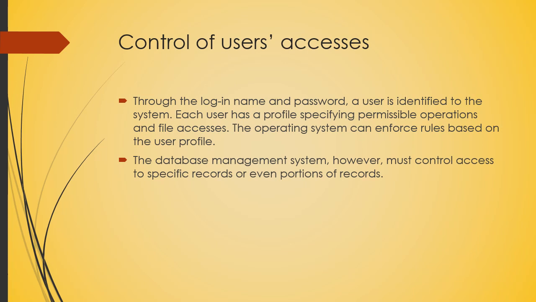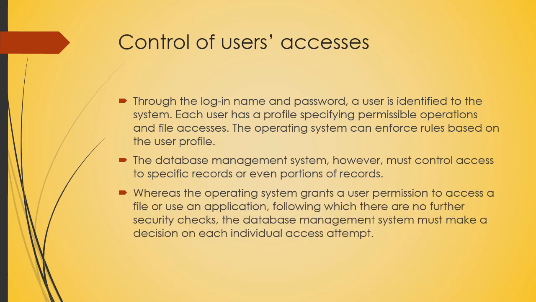For example, it may be permissible for anyone in administration to obtain a list of company personnel, but only selected individuals may have access to salary information. The issue is more than just a matter of level of detail.